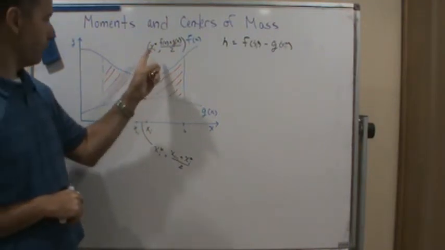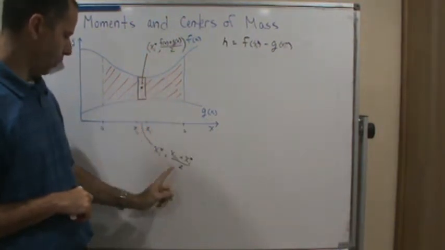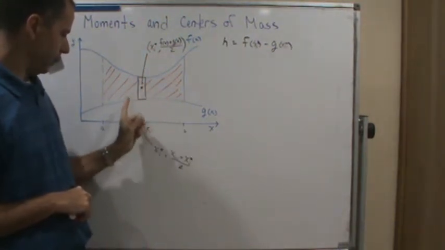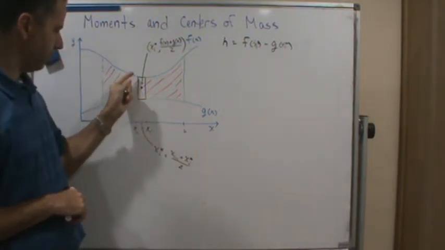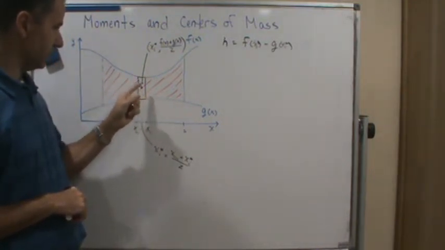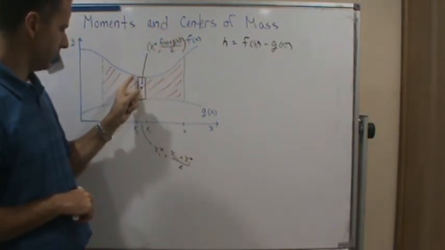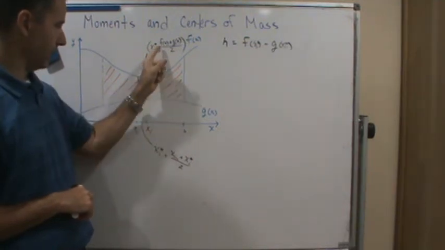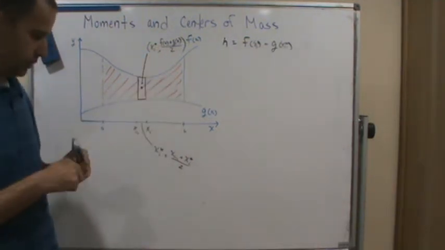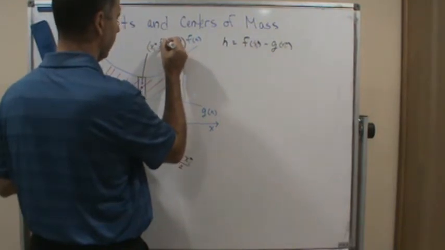Now also notice that the centroid is located at x sub i star, the midpoint of the base. But now the midpoint of the height of the rectangle is given by the midpoint formula for the distance between the two.